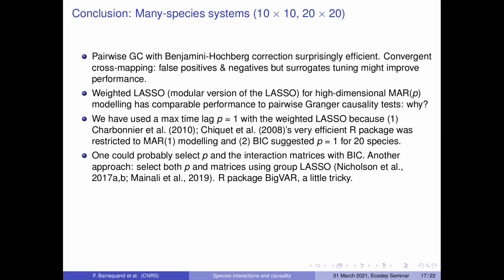The problem is that there are many ways to specify the group lasso to do this sort of penalization. So they have an R package which is called BigVAR, and I haven't managed to make it work properly, but some people in ecology, Menali and co-authors, did. So this is an interesting way forward.